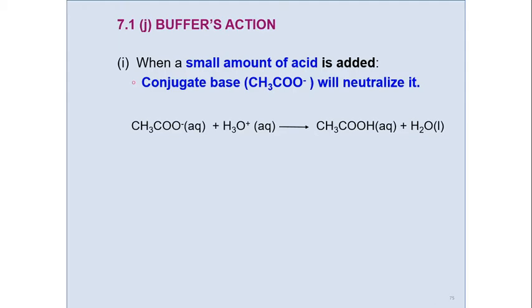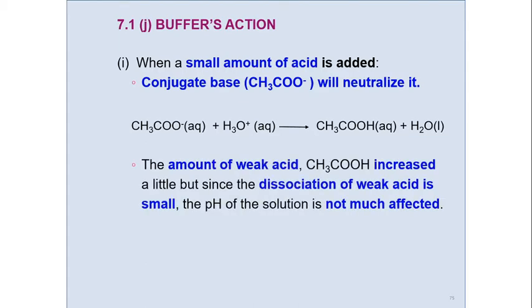The amount of weak acid akan bertambah sebab dia menghasilkan CH3COOH, but since CH3COOH adalah weak acid yang mana dissociation dia adalah sangat kecil, maka the pH of the solution is not much affected.